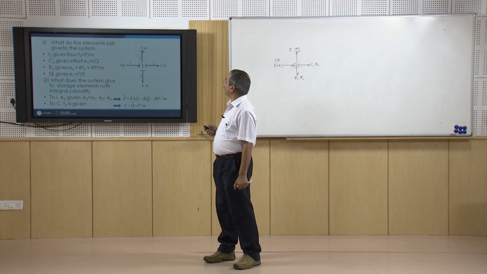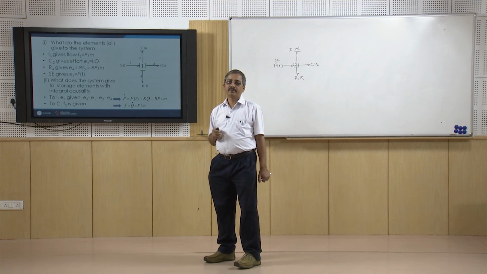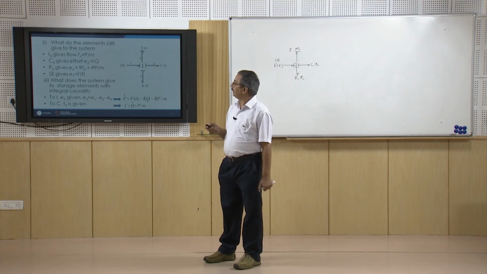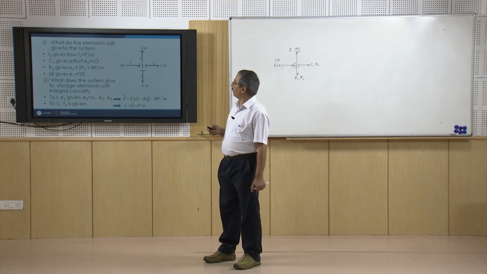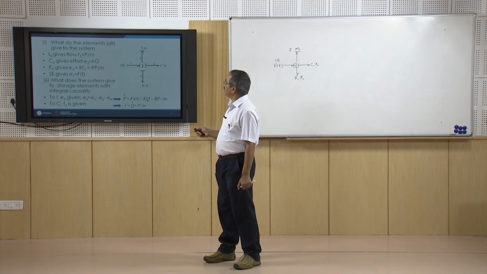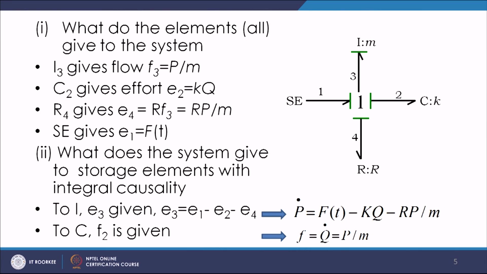Now, after this we go by the same logic, the logic which I just discussed in my previous slide. The first logic is: what do all the elements give to the system? So, here let us look at I3, the I element 3, which means it is bond number 3.